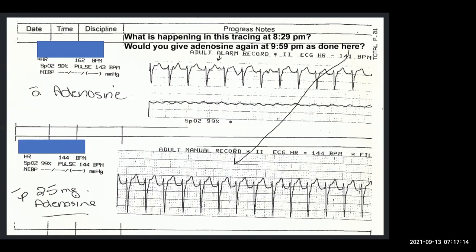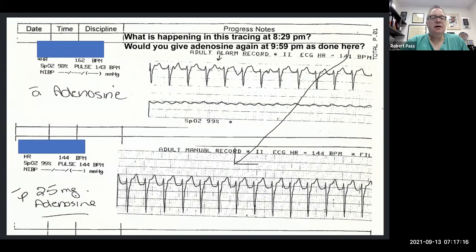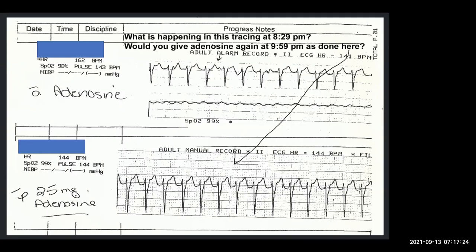Do you know the age, Dr. Bass? It says adult alarm. I think it was a young adult in their early 20s. So I would call it a tachycardia, SVT with retrograde P wave, based on what I see in the initial few beats, the P waves.